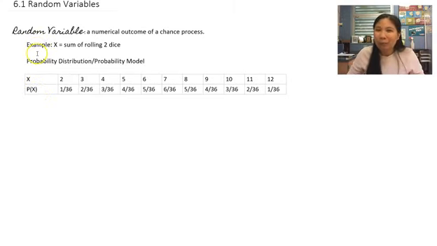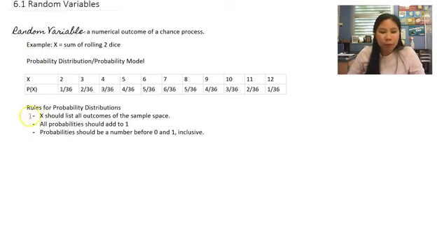When we talk about probability distributions, there are some rules they need to follow. The first one: the x variable should list all outcomes of the sample space, which makes sense, since we've already said you're supposed to list out all the different outcomes in the sample space. Second rule: all probabilities should add to 1.